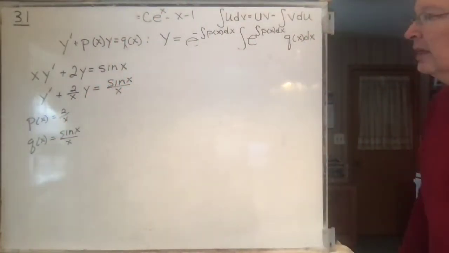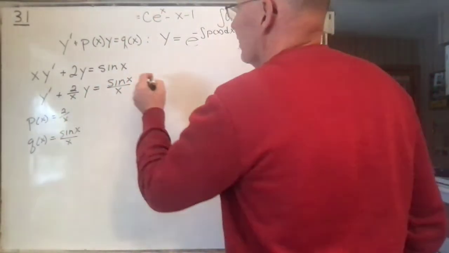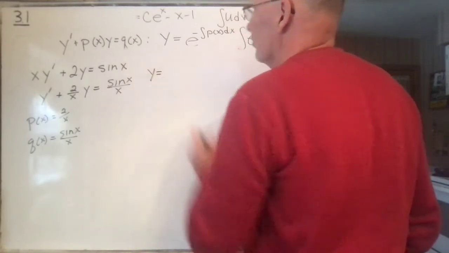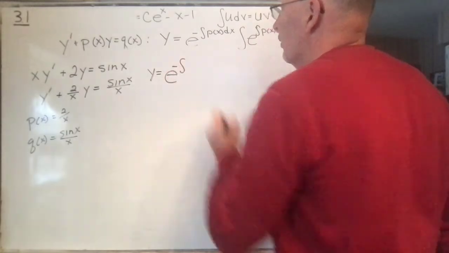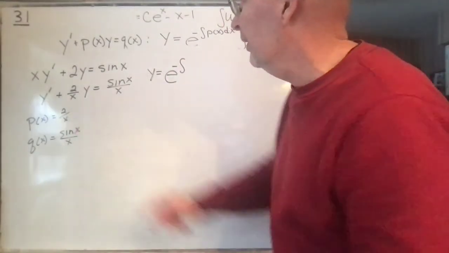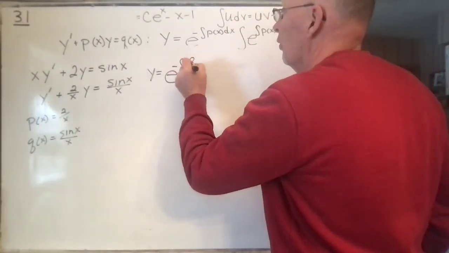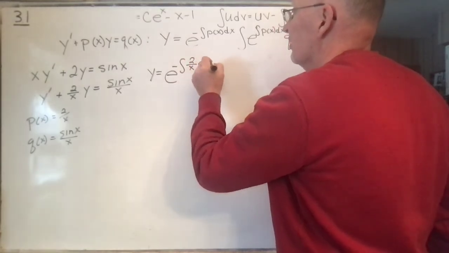Agreed? So what does our formula say? y is equal to e to the negative integral of p, and the integral of p is going to be 2 over x dx.